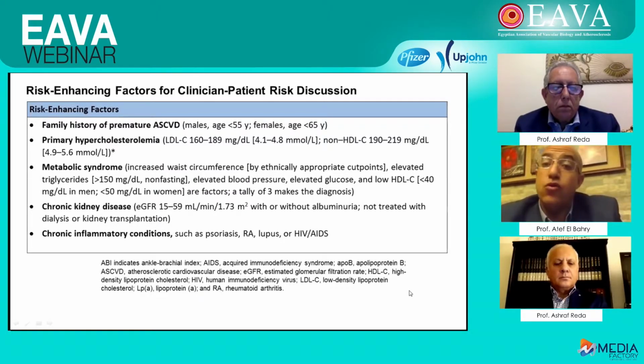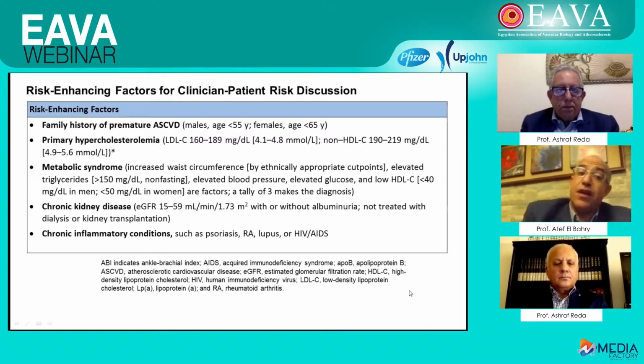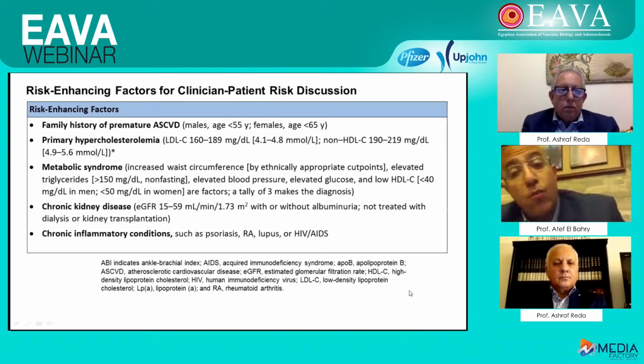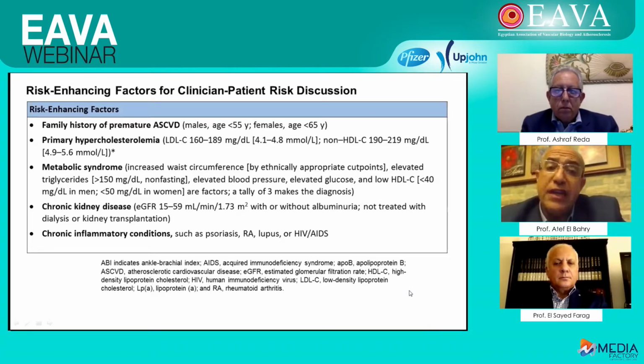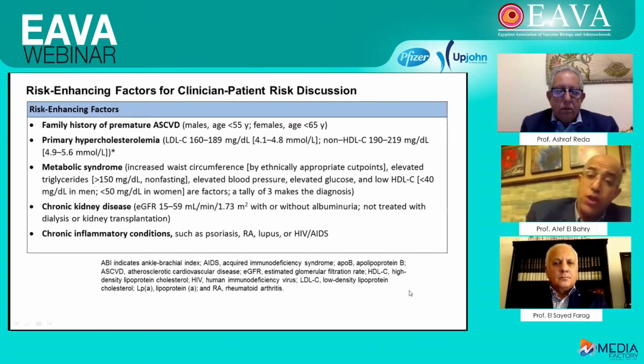Also, primary hypercholesterolemia is considered a risk enhancer. The metabolic syndrome, with its components, which are triglycerides above 150, elevated blood pressure, elevated glucose, and also increased waist circumference. Not only those, but also chronic kidney disease with eGFR between 15 and 59, and also chronic inflammatory conditions. Those risk-enhancing factors came from history and from some laboratory workup.